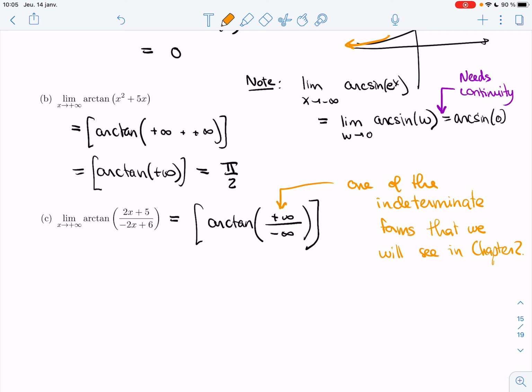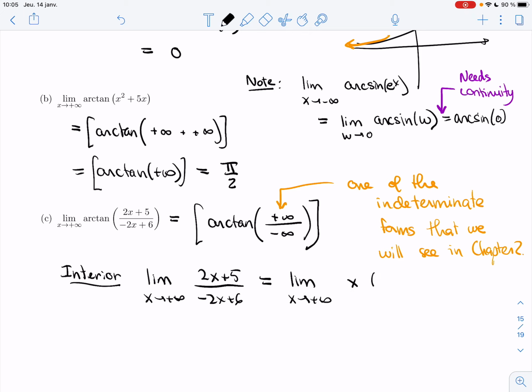All right, so in chapter 2, we'll learn a trick to evaluate this, but in fact, this is one of the limits that you learned how to evaluate in Cal 1. So let's look at it. I want to look at the limit as x goes to positive infinity of 2x plus 5 over minus 2x plus 6. I'm going to factor x.